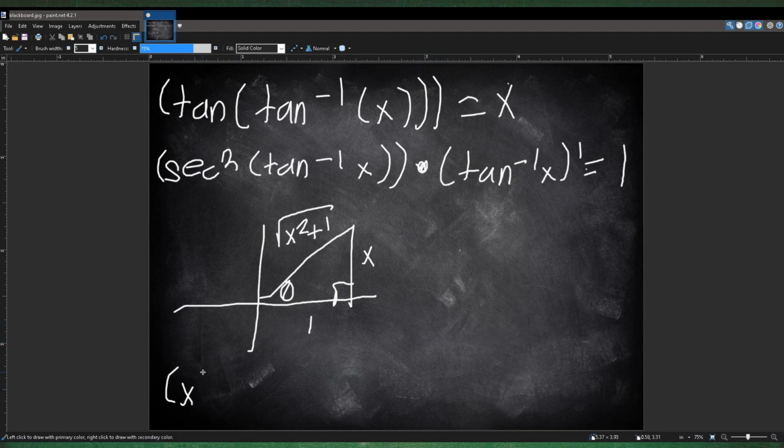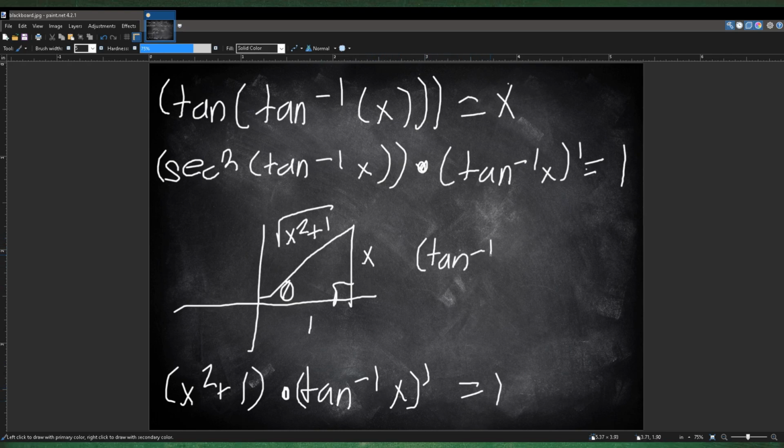Using this picture as we did before for sine and cosine, x squared plus 1 multiplied by the derivative of inverse tan of x is equal to 1. So the derivative of the inverse tangent is equal to 1 divided by x squared plus 1.